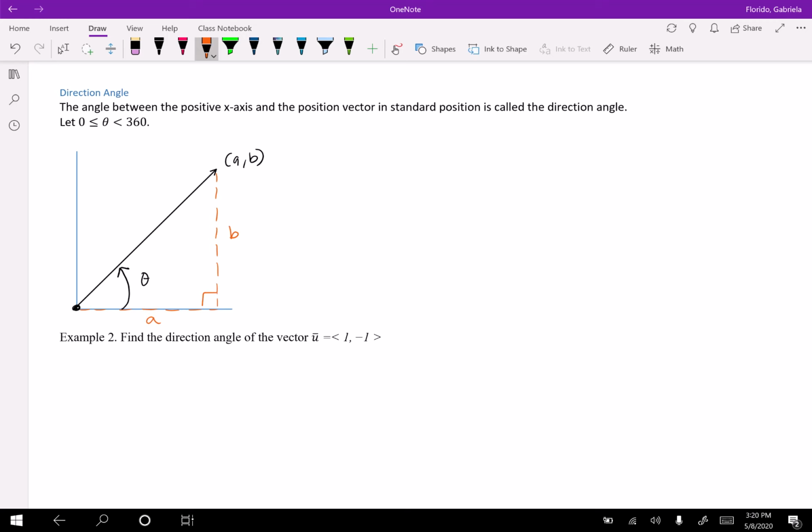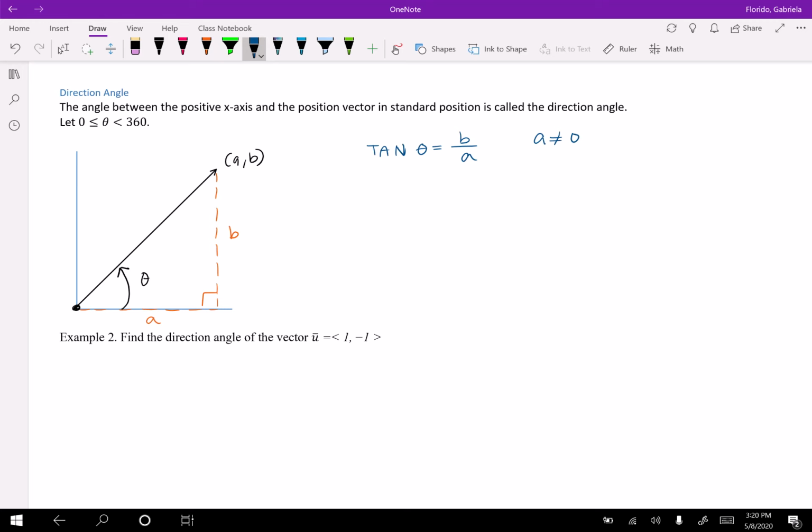So we have this right triangle, and we can use one of our trig functions to find the angle theta. We're familiar with a trig function that deals with opposite over adjacent, and that's going to give us tangent. So tangent of theta is equal to opposite over adjacent, b over a. And we have to make sure that a is not equal to 0 here. This trig function is going to help us find the actual value of theta.